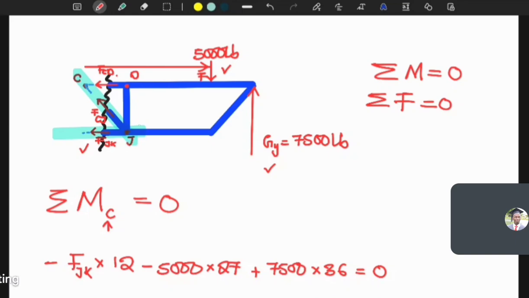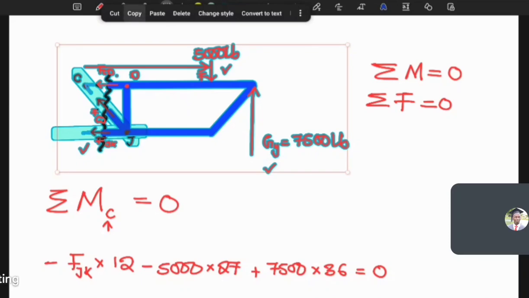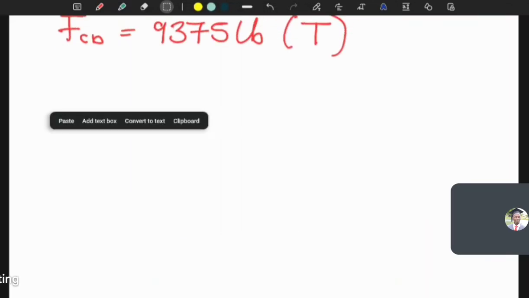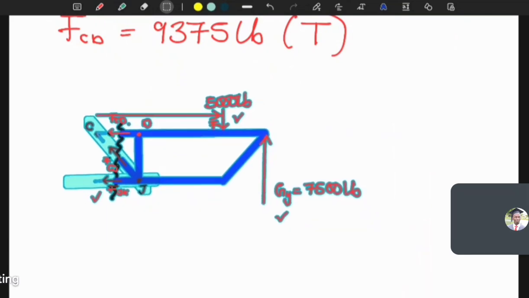So instead, we decide to first break CJ into its components. So how do we do that? So we can get our structure again, but now we want to represent CJ into its component.